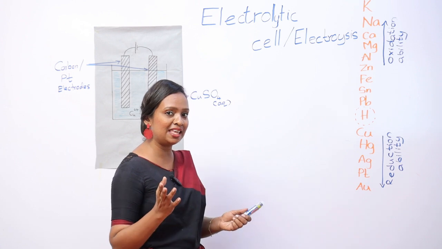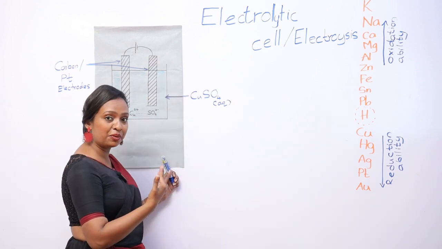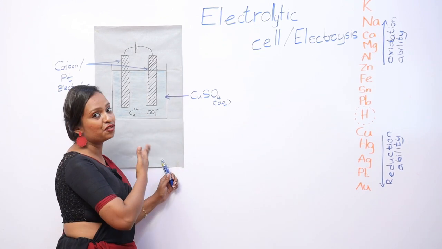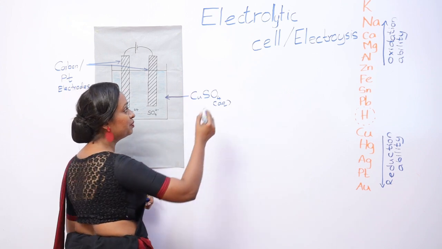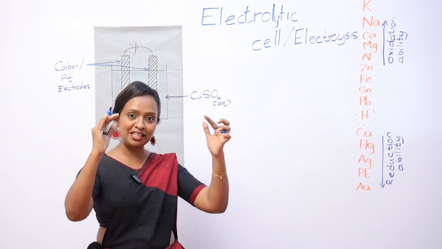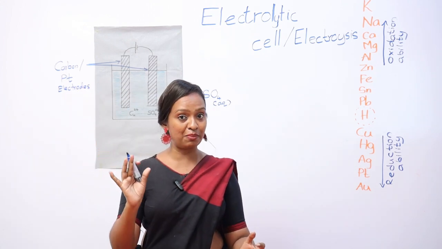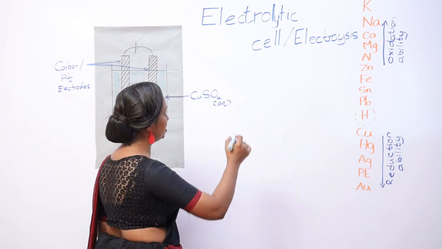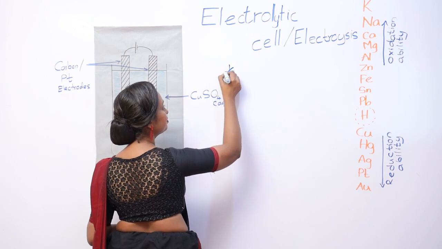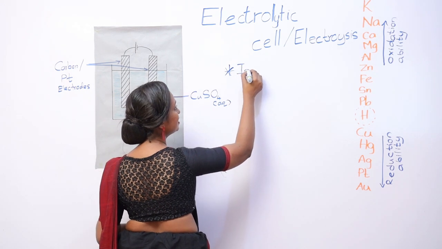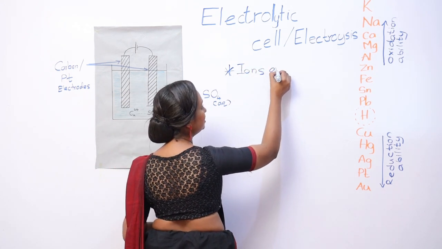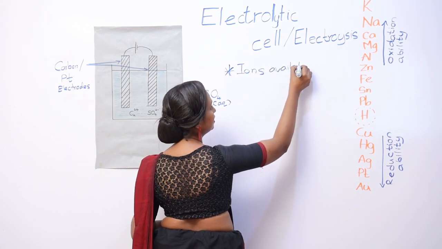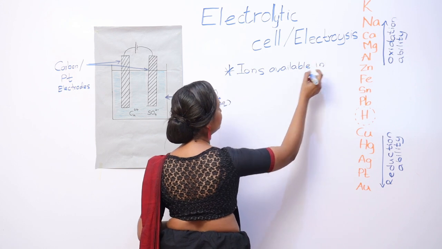Now we'll see what happens when we provide electricity to the copper sulphate solution. You know my pattern. First, I check what ions are available in the solution.